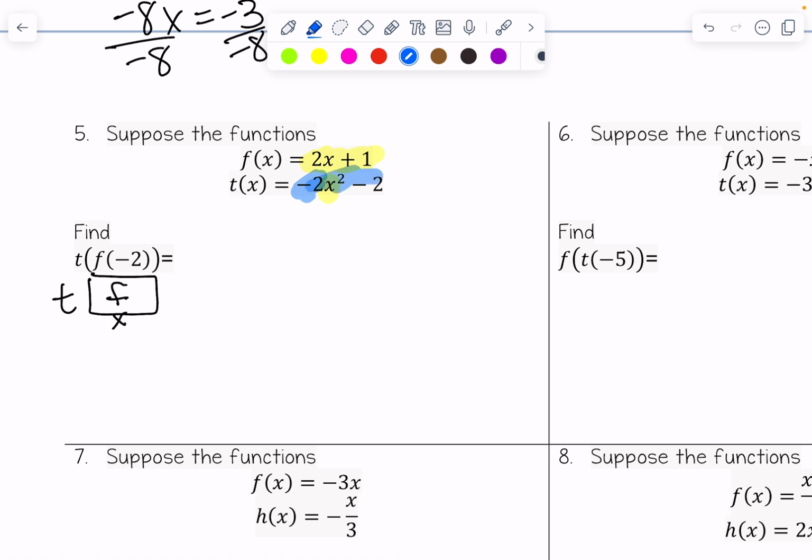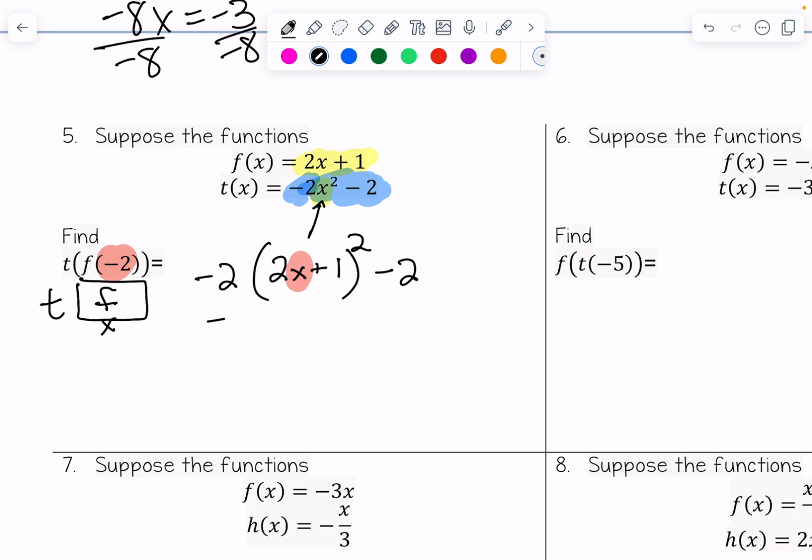So this is our t of x. I'm going to write f of x first to be in the center. 2x plus 1. Now I'm going to put that here. So I'm going to put a squared around, negative 2 in front and a negative 2 here. Now that I have that, I'm not going to solve that yet, because all I'm asking is to put a negative 2 in that x spot and solve.